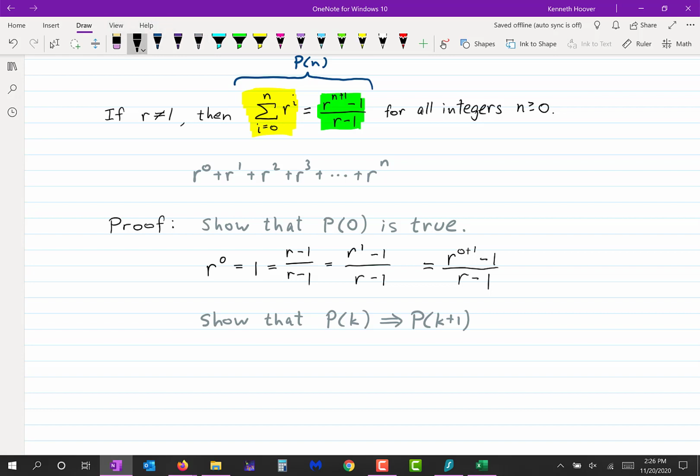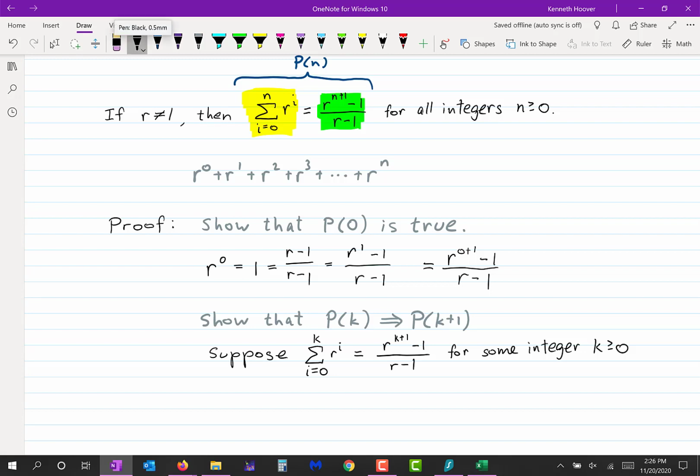So we write the sentence, suppose this yellow stuff when n equals k equals the green stuff when n equals k, for some integer k equal to or greater than 0, because 0 was our starting number.